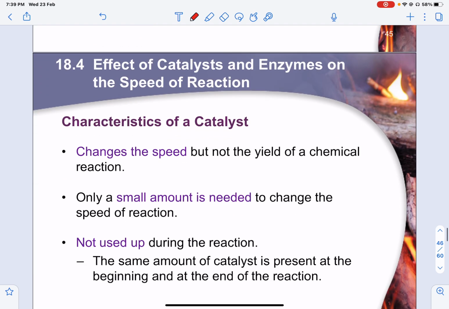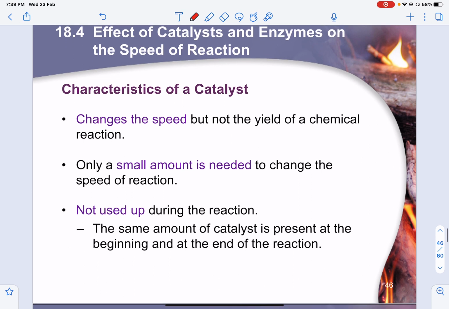Okay. Another characteristic of these catalysts is that while it changes the speed of the reaction, it doesn't contribute to producing new products within the chemical reaction. This is very good for us because when we want to create pure substances or to extract a particular compound, we will be able to manage it easily.